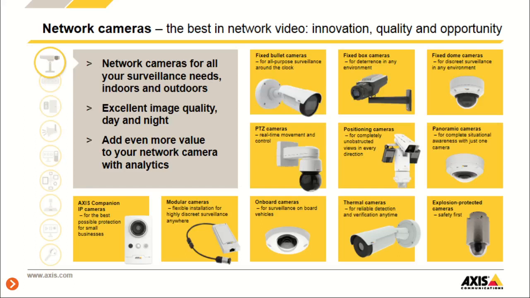This creates quite a big portfolio, on one hand making it a bit harder to choose, I can imagine. But on the other hand, it makes it better for you to select cameras to work with. Our cameras all provide excellent HDTV image quality, regardless of any lighting conditions or the other characteristics you will find in your areas to monitor.